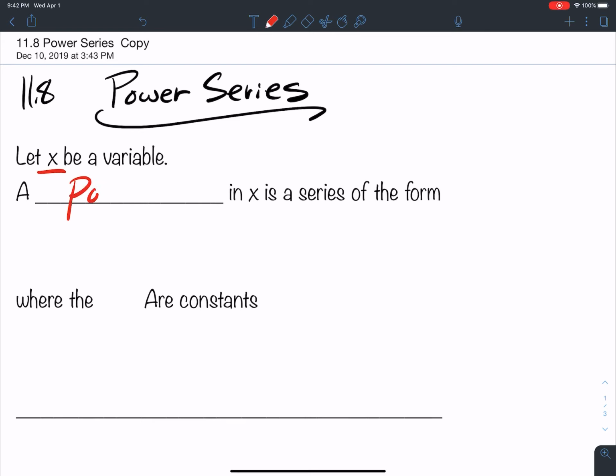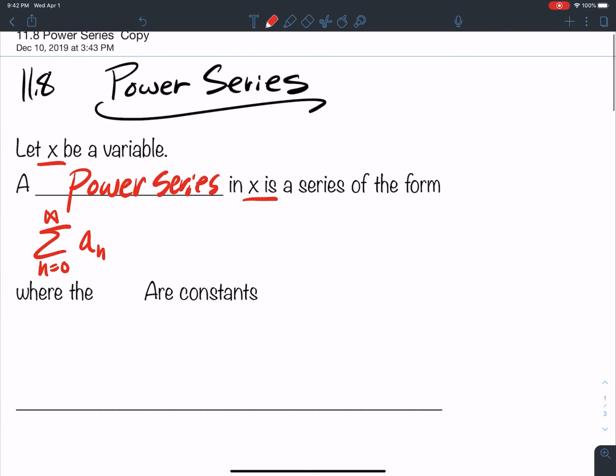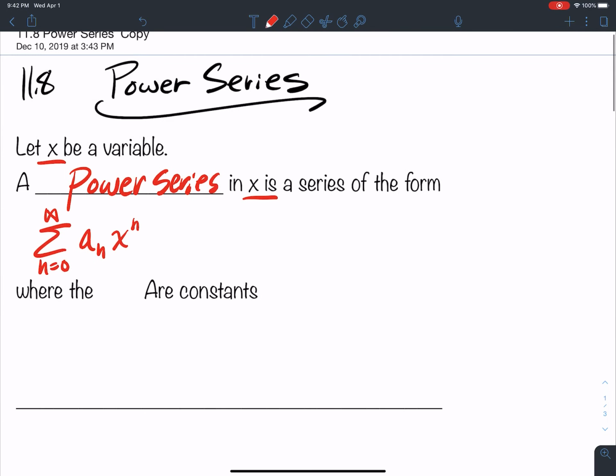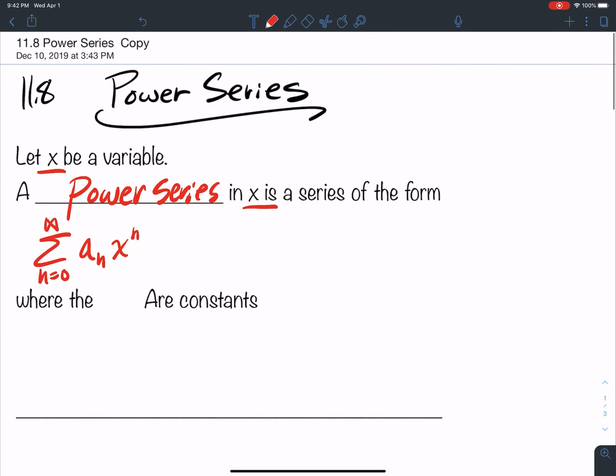A power series in x is a series of the form the sum from n equals 0 to infinity of a_n, and then we're going to add in x to the n. That's where we're raising powers of x.